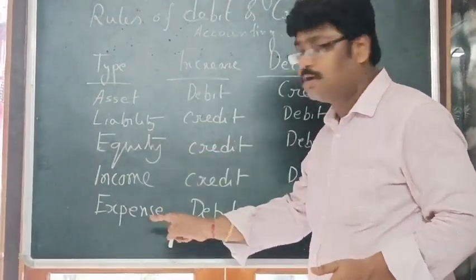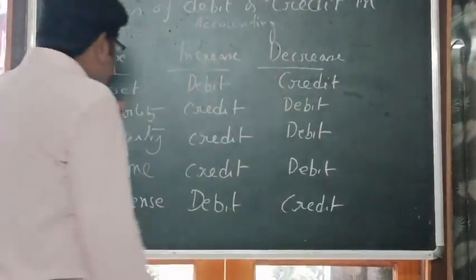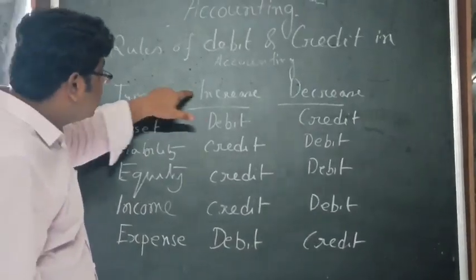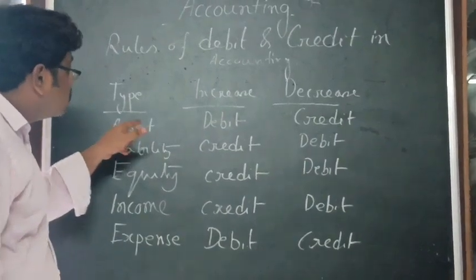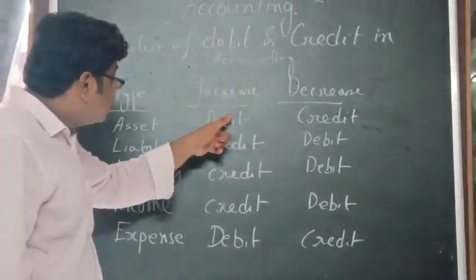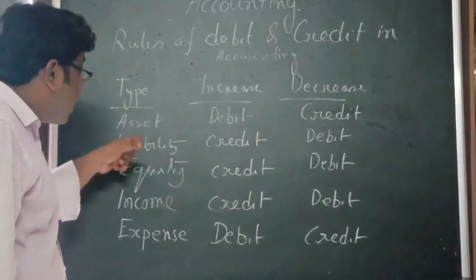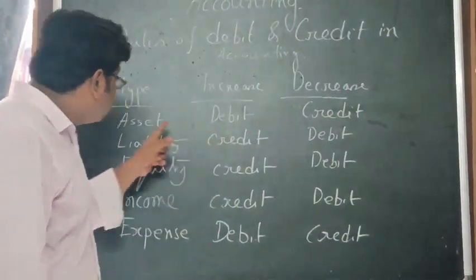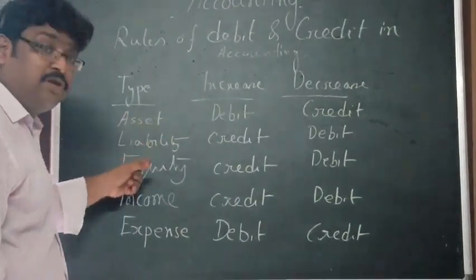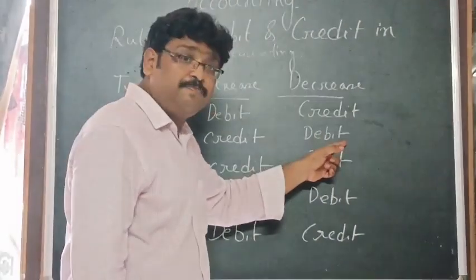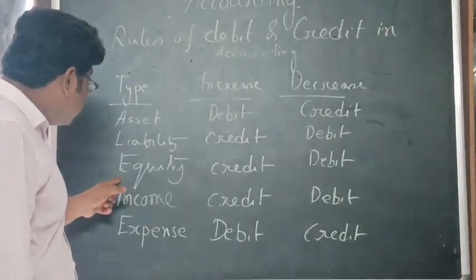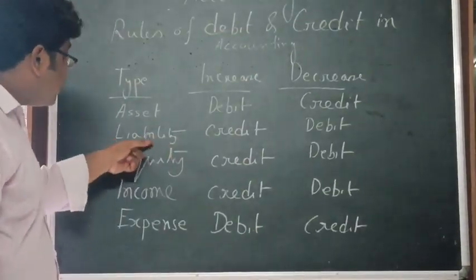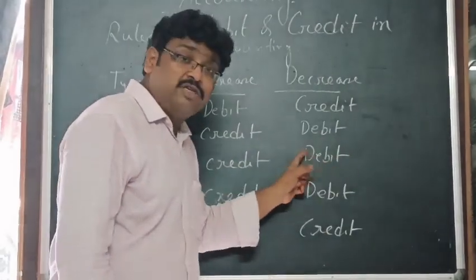If there is an increase in asset, it should be considered as a debit. If there is an increase in liability, then it is credit. If there is a decrease in liability, then it is debit. If there is an increase in equity, then it is credit, and if there is a decrease in equity, then it is debit.